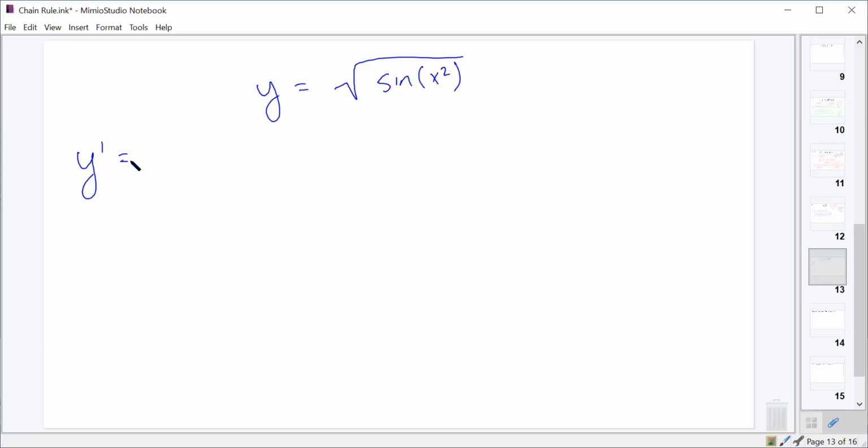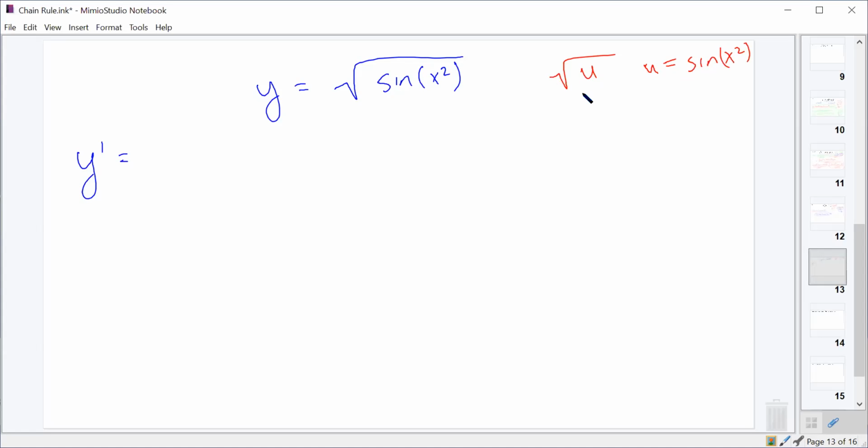So hopefully we see that this is a composition, that this is the square root of u, right? With u equal to sine of x squared. So what's the derivative of the square root of u?